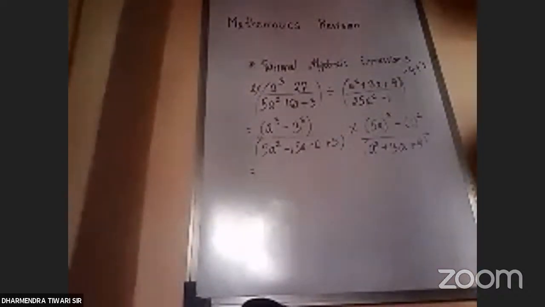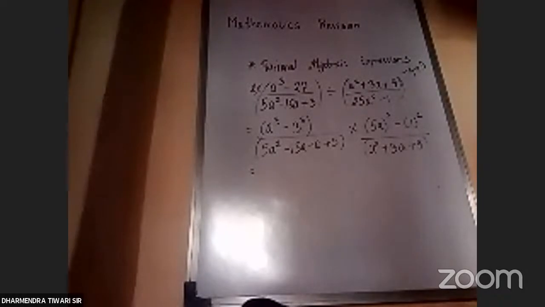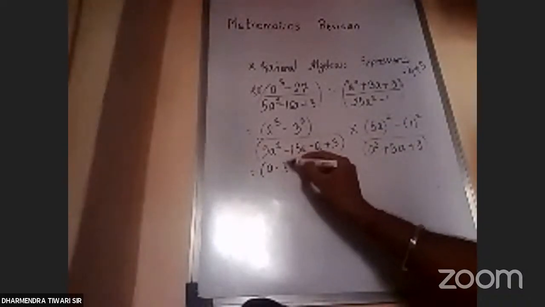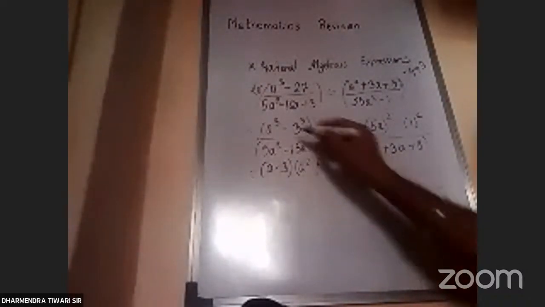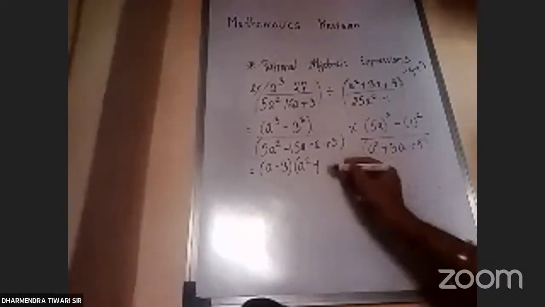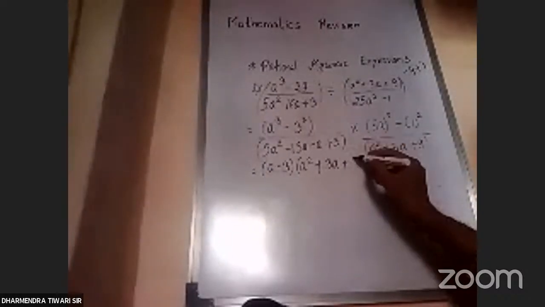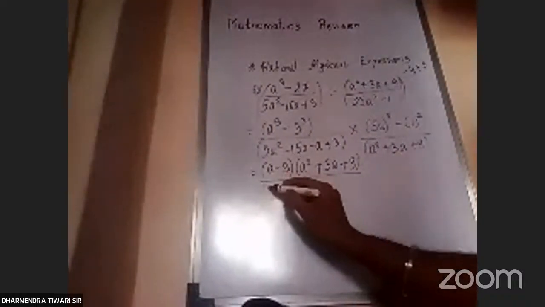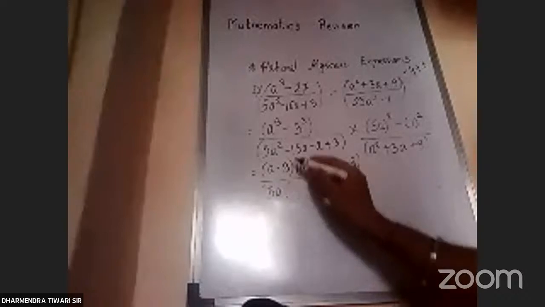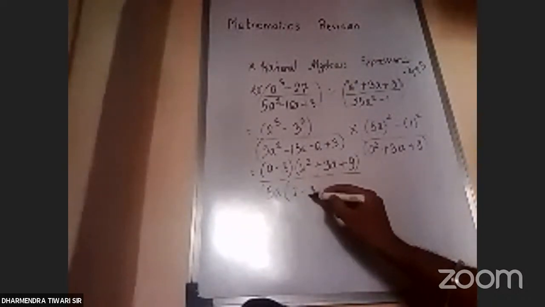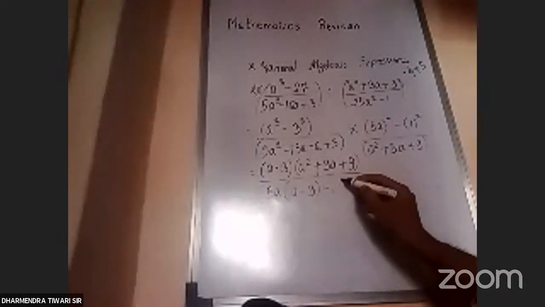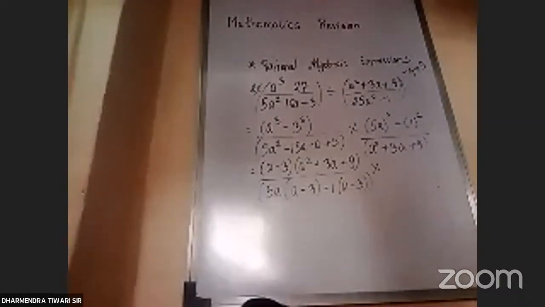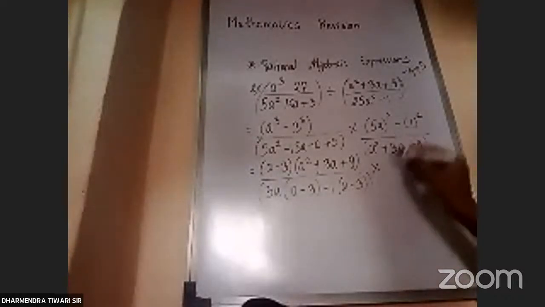So the formula for this is a cube minus b cube equals a minus b into a square plus ab plus b square. So a minus 3 into a square plus a into 3, that is 3a, plus 3 square, and 3 square is 9, divided by, you can write here what is common. 5 is common, a is common, what remains is a minus 3, here also minus 1, minus 3, into, we can write this as a square minus b square.